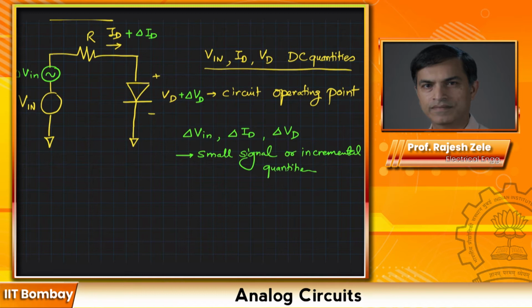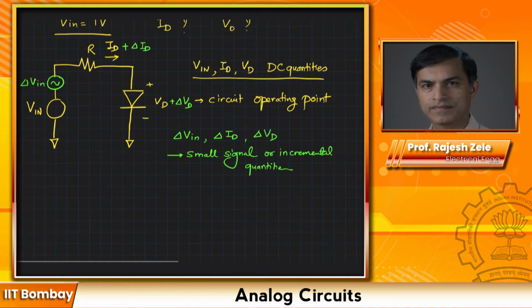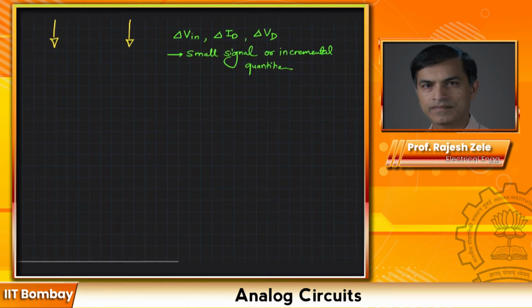All right, so how do we figure these quantities out? This is the most important point I'm going to make in this lecture, and if you get this, then the rest of the course will fall into place very well for you. Let's draw the IV characteristics of the diode.